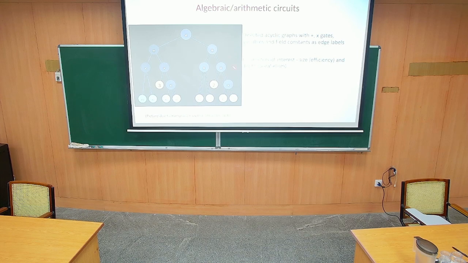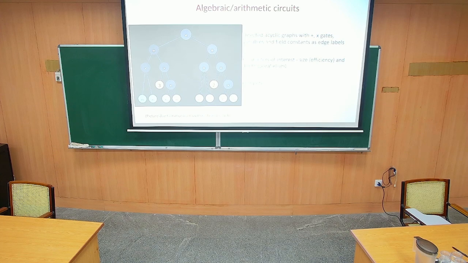The depth captures parallelism in the sense that if I want to evaluate this polynomial, notice that I can do evaluations in the same layer at the same time. If I have different processors, things in the same layer can be evaluated at the same time. So the number of rounds that you are going to take will be, you first evaluate things here, then you evaluate things here, then you evaluate things here. You're done in 5 rounds. So depth captures parallelism.